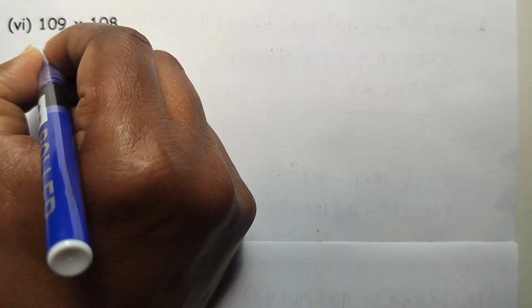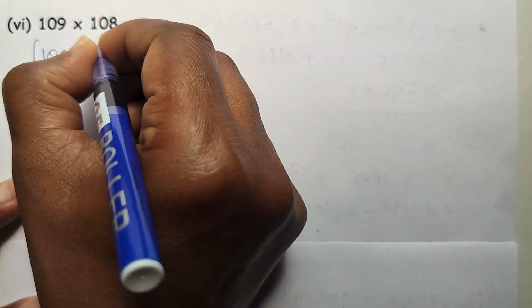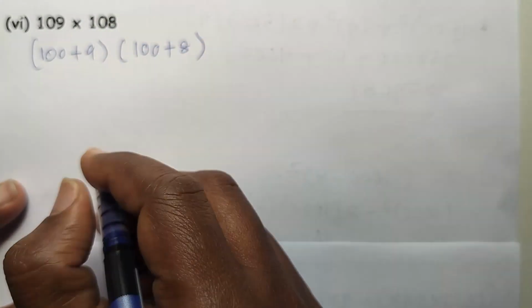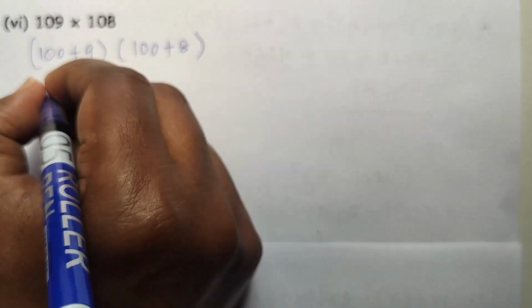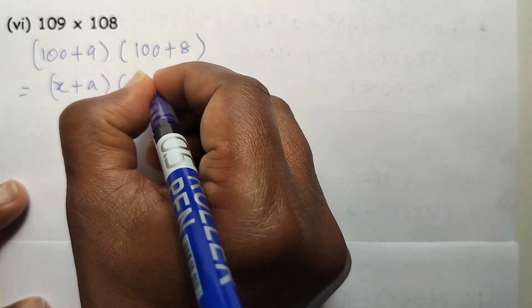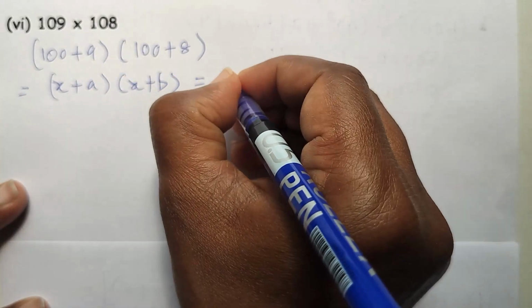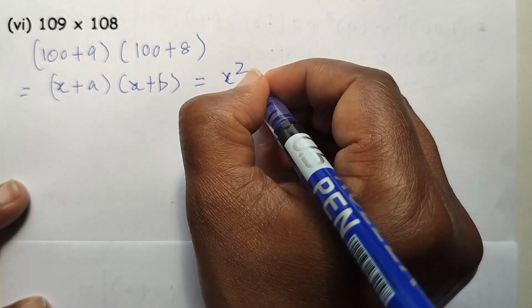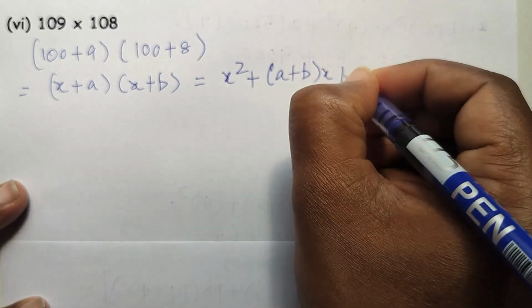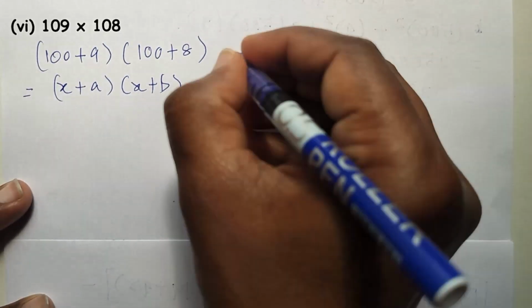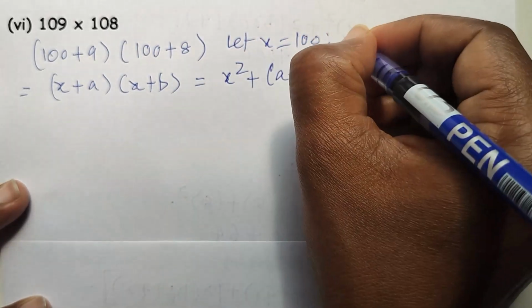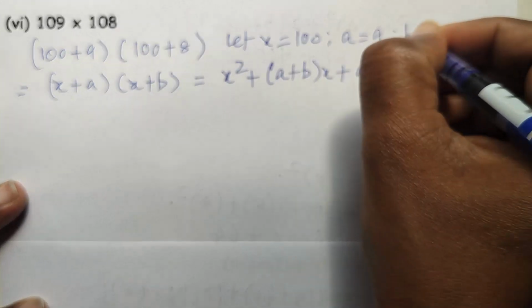Next sixth one, 109 into 108. 109 can be written as 100 plus 9 here, and 108 can be written as 100 plus 8 here. So we know formula (x plus a) into (x plus b) equal to x square plus (a plus b)x plus ab here. So here let x equal to 100, a equal to 9 and b equal to 8 here.